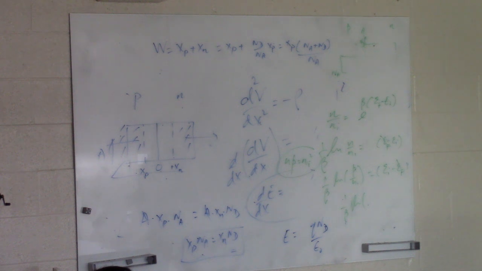Initially it was only VBI, now it is the applied voltage plus built-in potential. This becomes wider, this becomes larger. That's how we tune the properties of diodes. You can calculate how much your depletion width changes with applied voltage. You will do all this in homework problems. That's pretty straightforward.